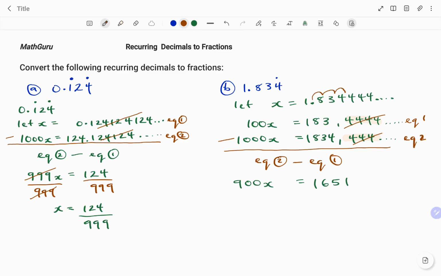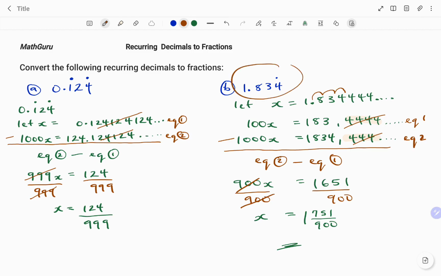Therefore, dividing both sides by 900, I'm left with x equals 1,651 divided by 900. In mixed number, that will give me one whole number, 751 divided by 900. And if I check this on my calculator, you can see that I'm going to have 1.834, and then the 4 is recurring.